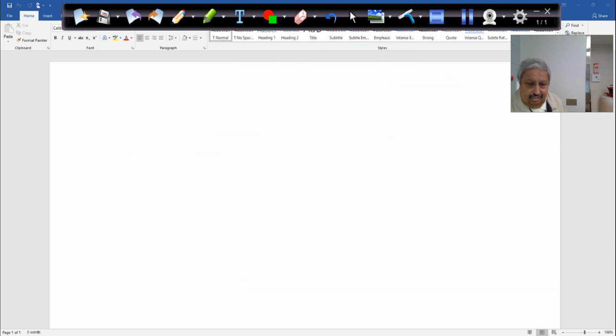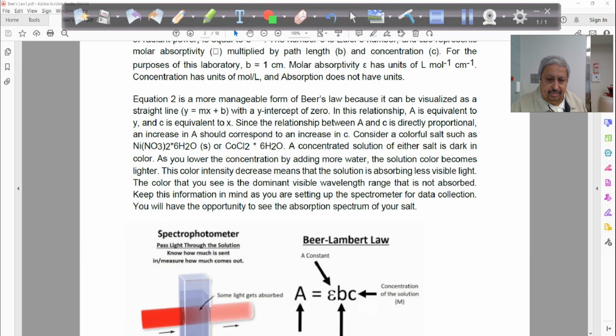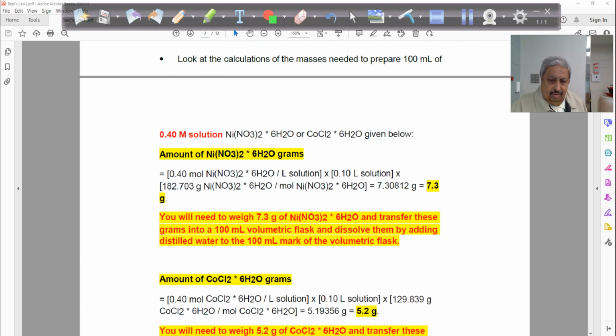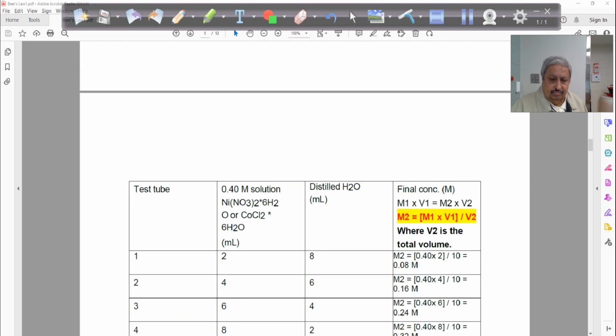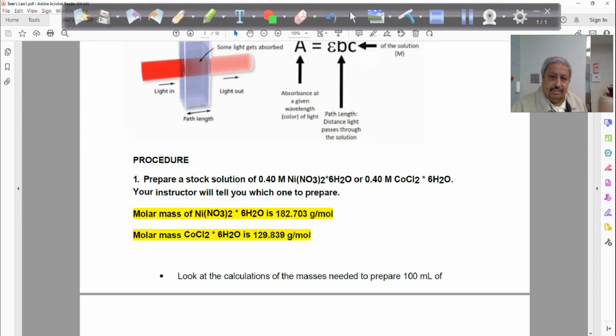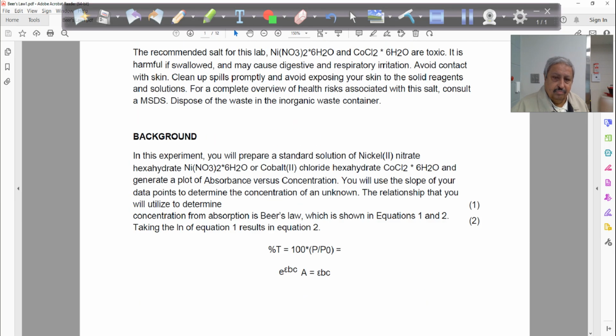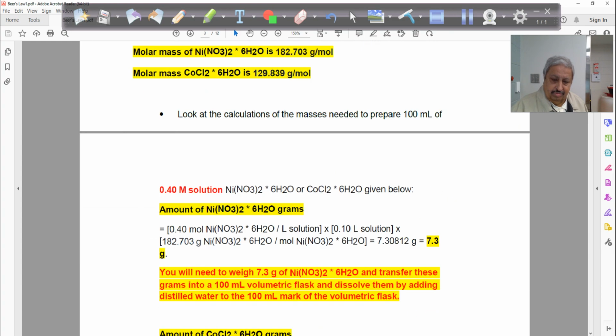Let me go and show you the picture of the spectrophotometer. That's maybe not here, maybe in the introduction. Well, it should be here, but just bear with me.